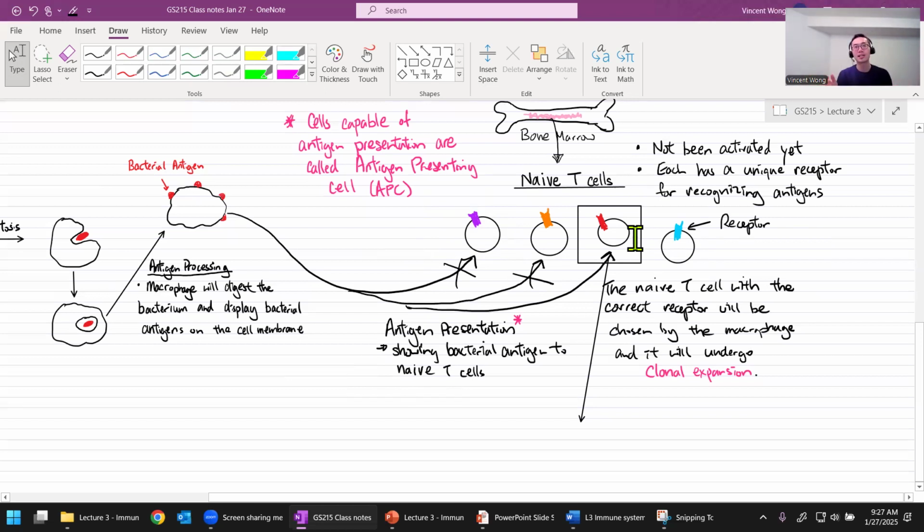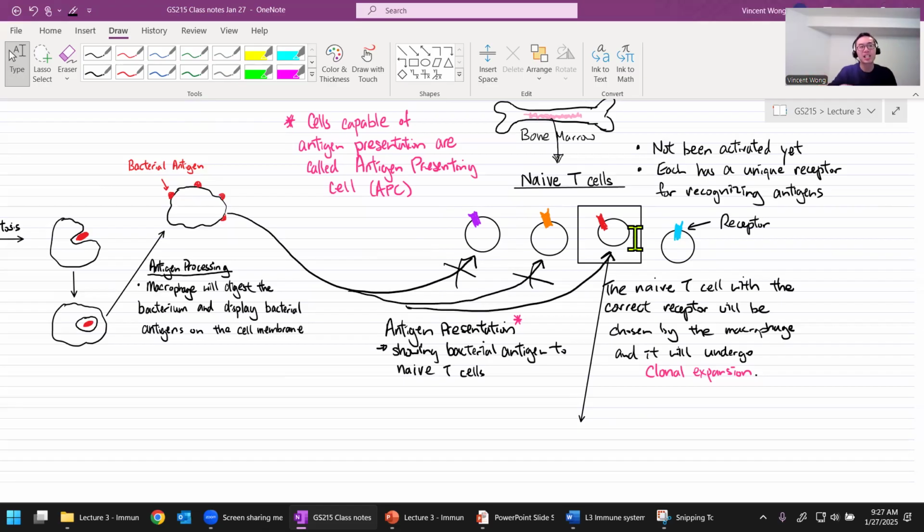In those instances, it will take longer for your immune system to fight off the infection because you've got to wait for it. So you have a pool of T cells and you're always refreshing it. And if you're lucky, whatever you get infected with, you already have those naive T cells available to be chosen by the APC. Does that make sense?